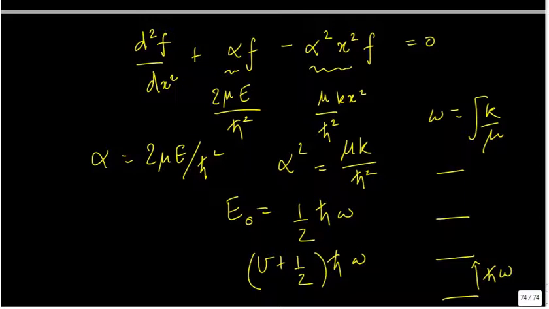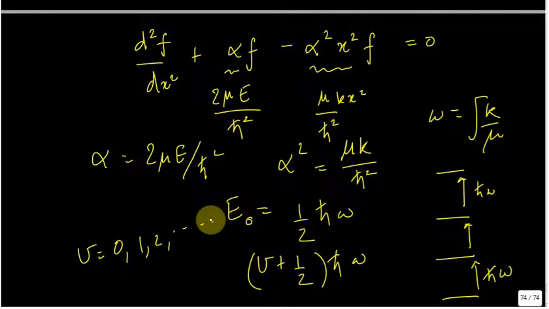Right? So I don't absorb half a photon. In fact, any of these, all of them are h cross omega. And V goes from 0, 1, 2, so on and so forth.